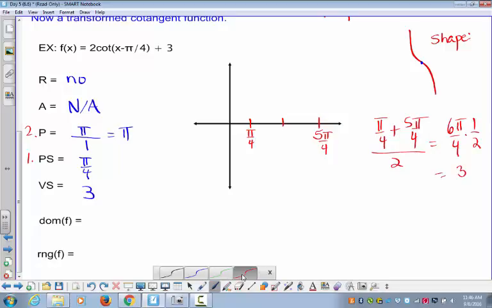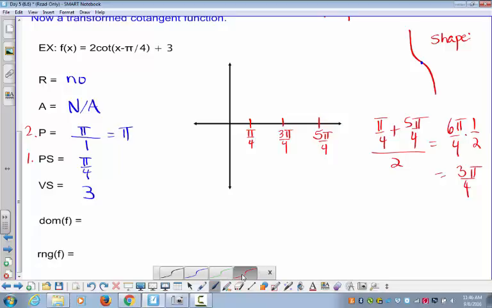So 3 pi over 4. 3 pi over 4. Is that what you said? 3 pi over 4. So that's the midpoint. We don't need to subdivide those. With a tangent, it's only the midpoint where there's a key point. So at most, we would just need to find that center point.